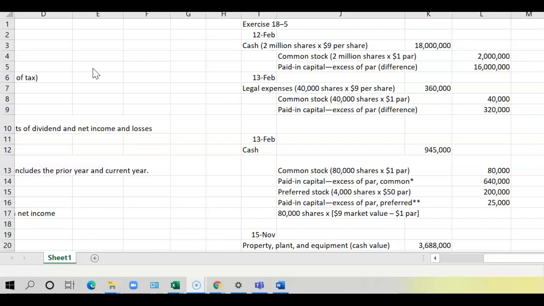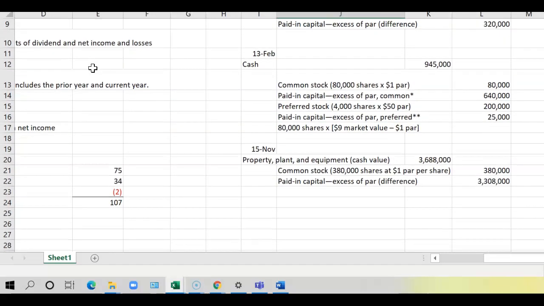So with the preferred stock, we know the par value is $50, so it's 4,000 times 50, which is $200,000. So the paid-in capital in excess of par would be the 25,000 remaining.